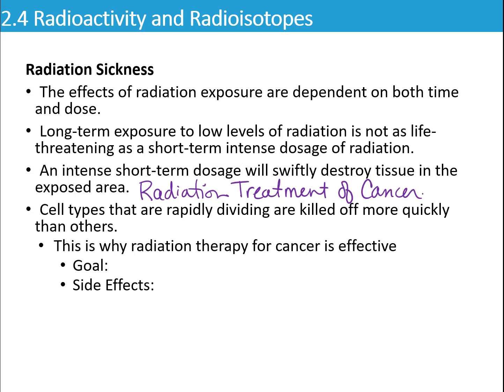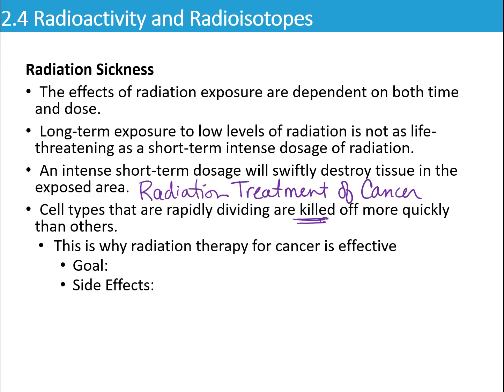So more of your body gets exposed to this radiation, and the goal is to kill rapidly growing cells because that's a characteristic of cancer cells. Cancer cells grow faster than they should. If we can destroy these rapidly growing cells, then we can destroy or shrink the tumor or cancer and have a better chance of removing it.